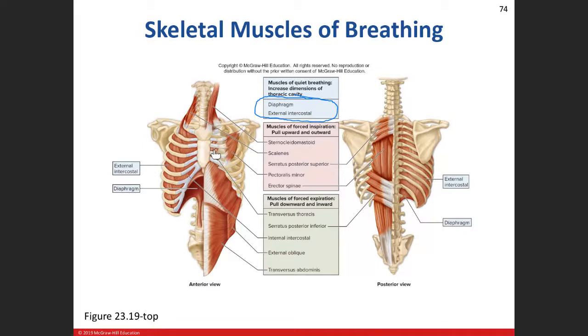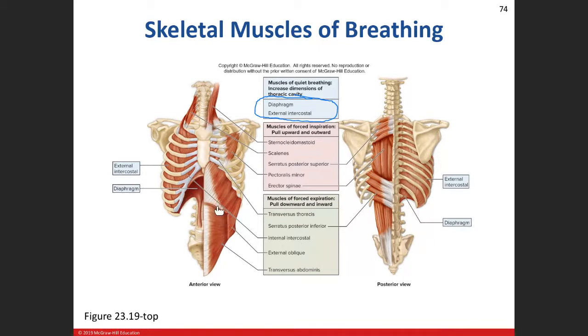It helps to pull those ribs down in this place here. Serratus posterior inferior, you can see how it attaches onto the lower portion of the thoracic spine and onto the lower false ribs, ribs 10 through 12. It helps to pull those back down and in. And then our internal intercostals will help to pull them down.